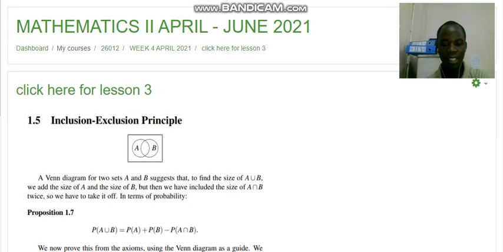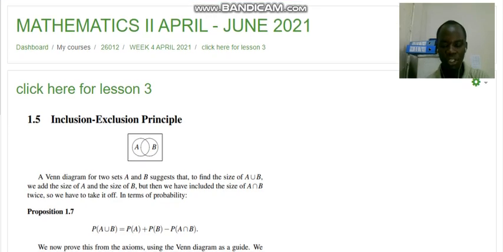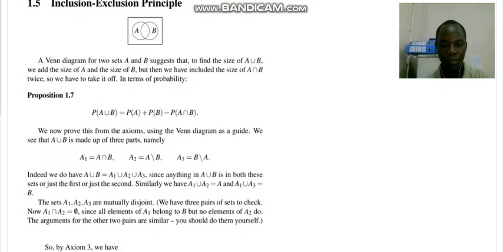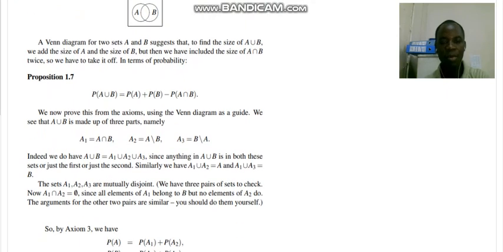Let's take an example in this proposition 1.7: the probability of A union B is given by the probability of A plus the probability of B minus the probability of A intersection B, because we have included the intersection of A and B twice, so we have to subtract it out.